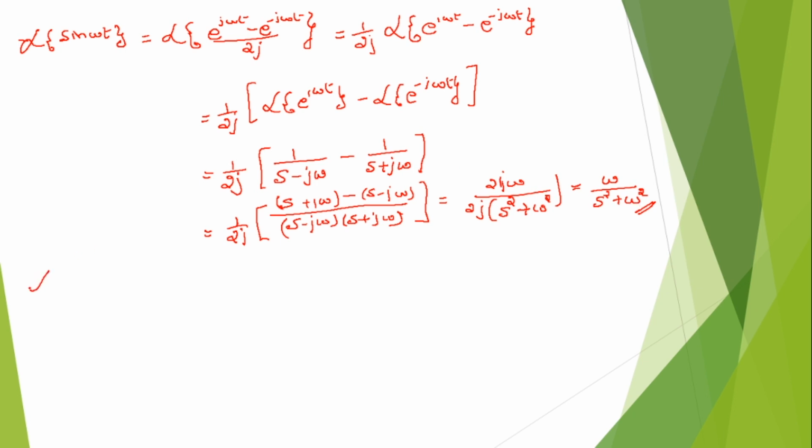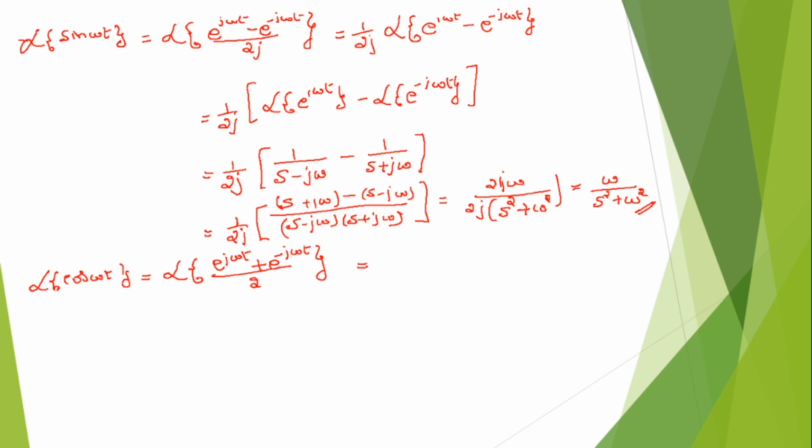Now if we find the Laplace transform of cos omega t, similar to sin, we will rewrite it in terms of e to the power j omega t plus e to the power minus j omega t by 2. This is the exponential form of cos omega t.